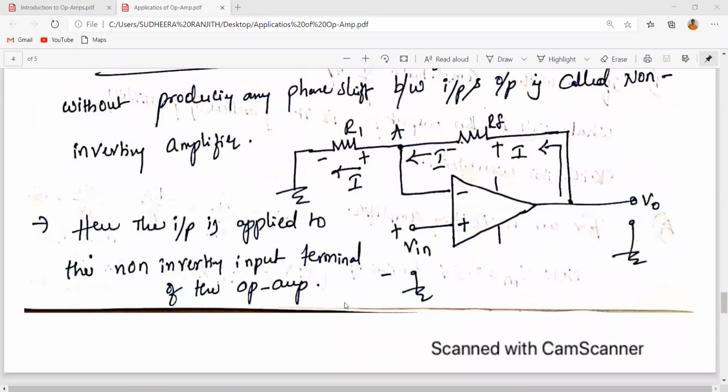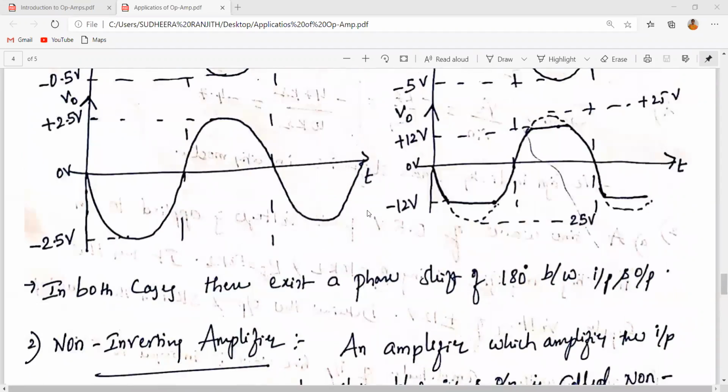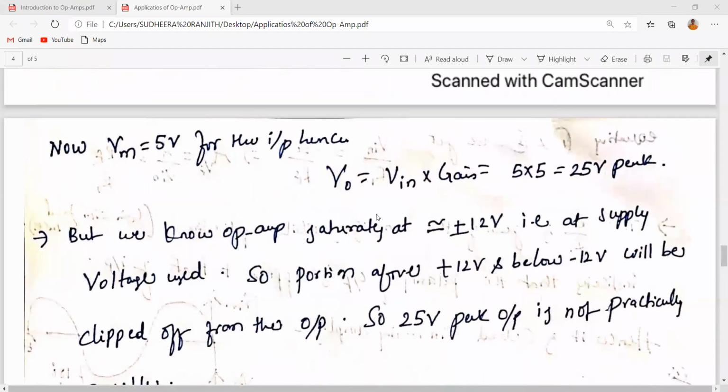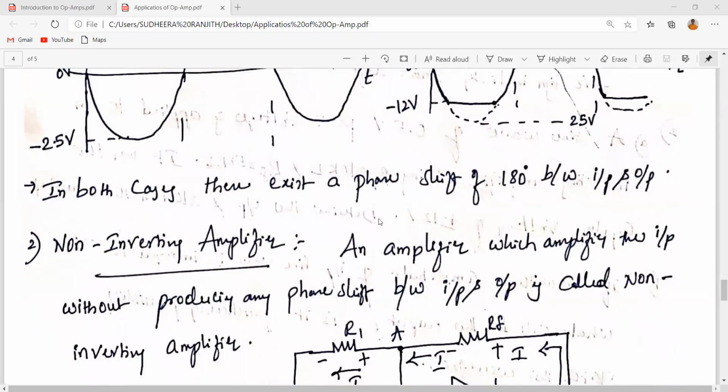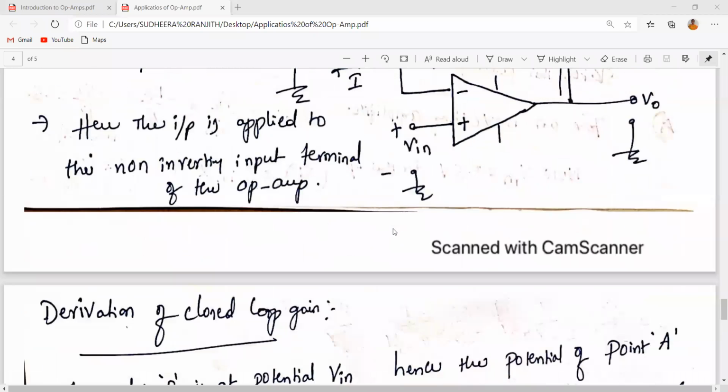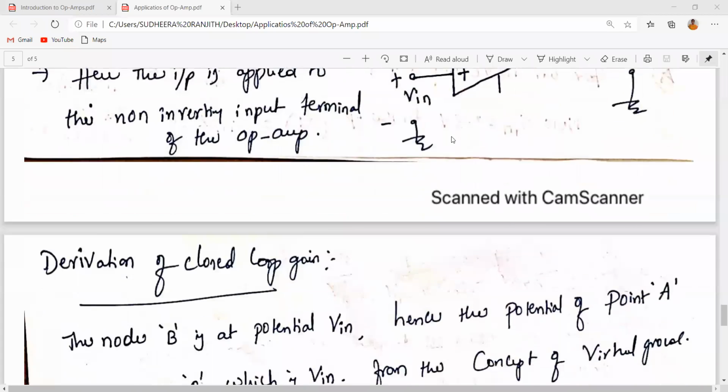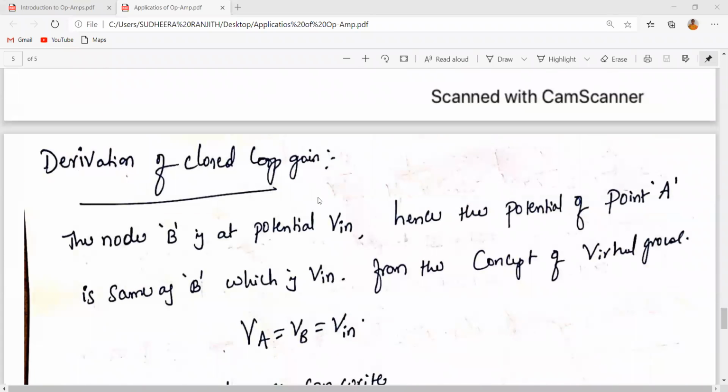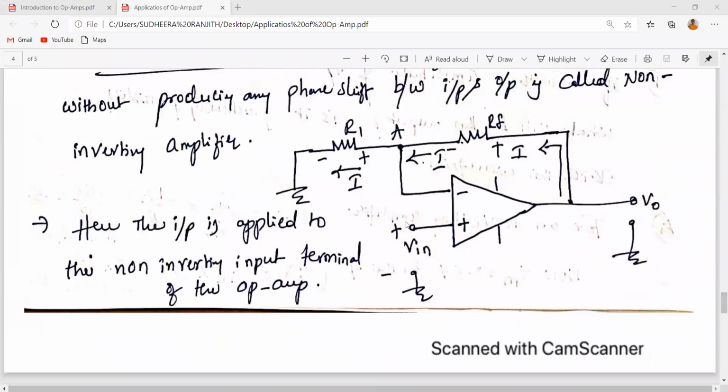Coming to the analysis, the same procedure will apply here also, from the two assumptions: the currents through the op amp are 0, and the concept of virtual ground, right? Here the signal is applied to the non-inverting input of the op amp. While deriving the closed loop gain, what is the voltage at this point?